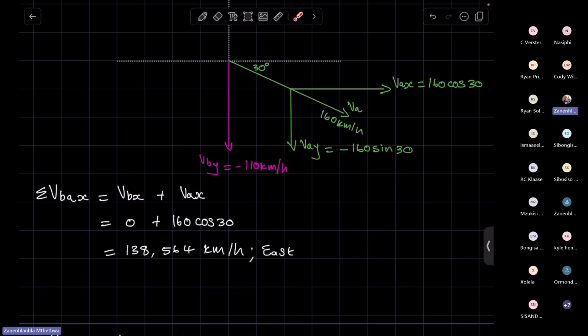With the parallelogram method, we don't apply conditions of equilibrium. Instead, we use either the cosine rule or sine rule.